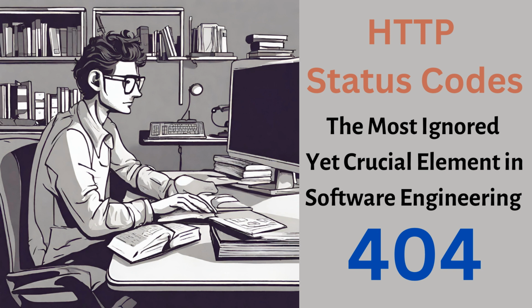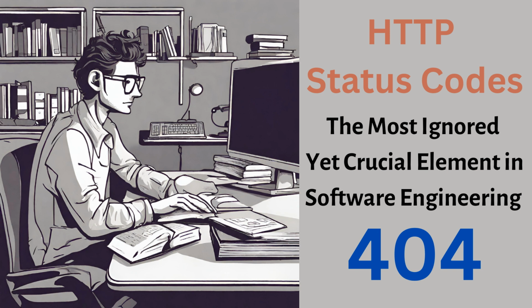If it is 403, that means forbidden, the server understood the request but refuses to authorize it. If it is 404, that means not found. You should know this. If you are a software developer or a computer science student, then you might have already encountered this. So this is familiar.